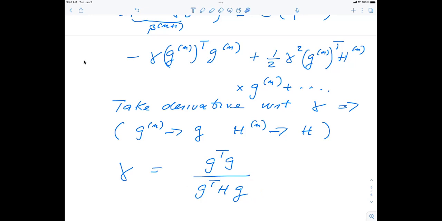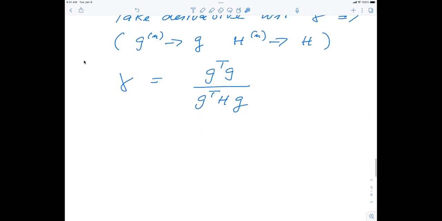Now, there's another thing we can look at here. We can make an assumption that these g's, for some reason, are the eigenvectors of H. So if I multiply H with g, I get an eigenvalue times the eigenvector.